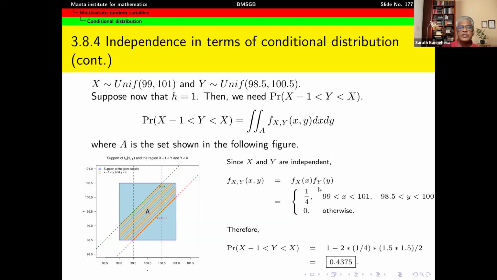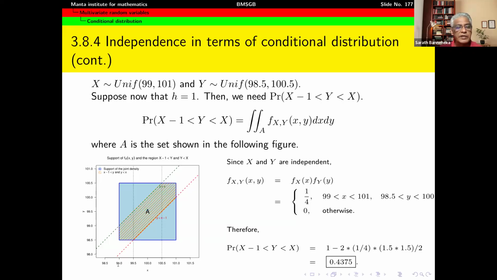So therefore, the joint density function will be 1 over 2 times 1 over 2, that is 1 over 4, when x is in this interval and y is in this particular interval. In this case, we don't have any other restriction combining x and y. So the support of the joint density function will be this rectangle here in this picture.